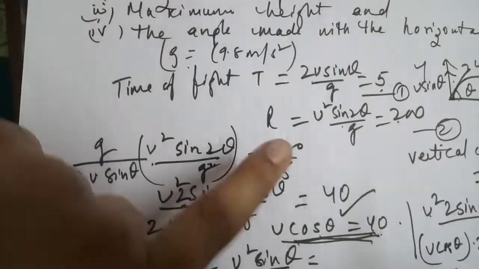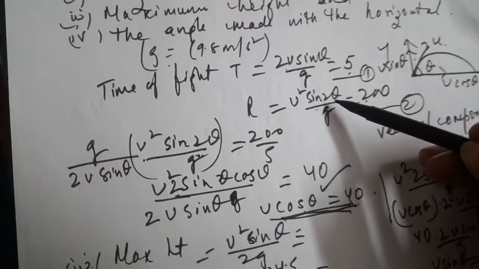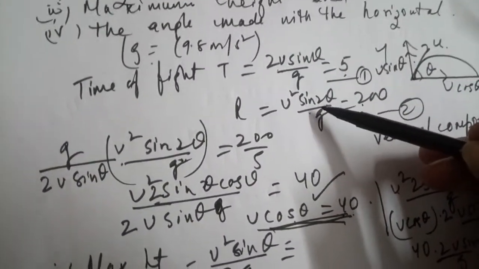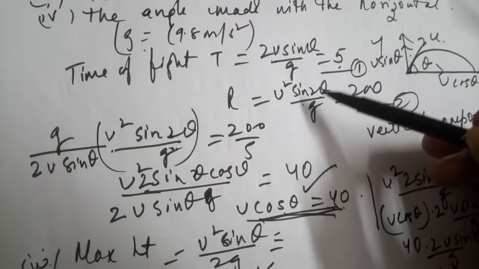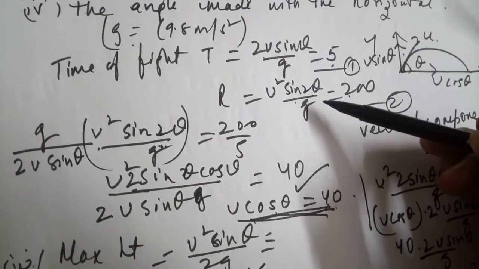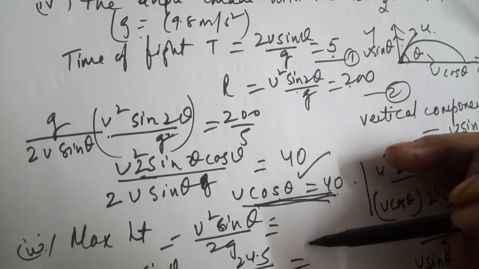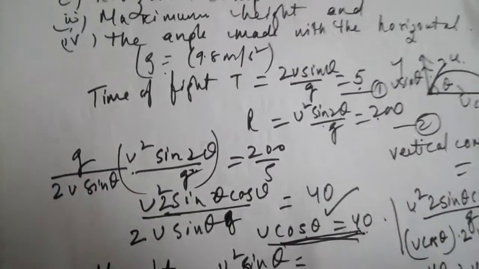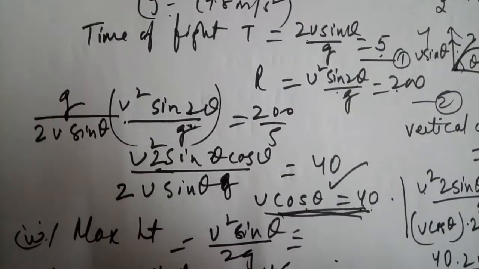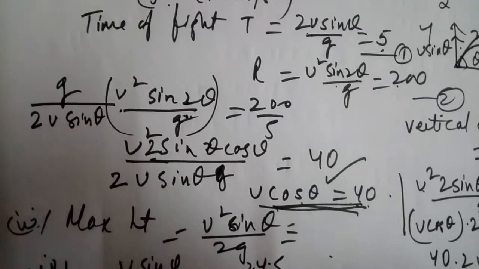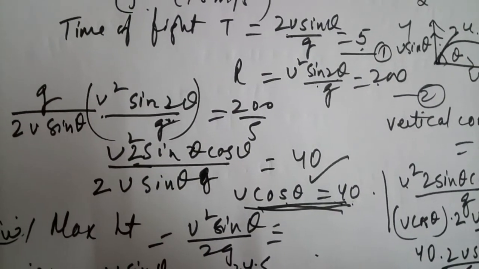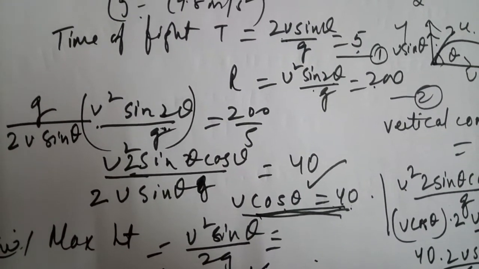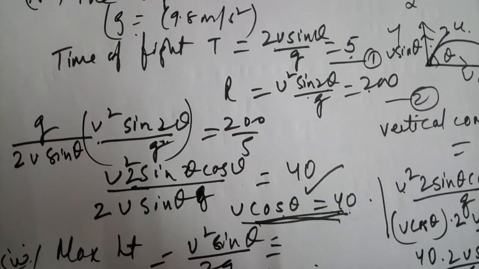We substituted it in the range formula, because sin 2 theta is 2 sin theta cos theta, to get the vertical component u sin theta, and when you divide, we get the angle theta. Then you can get the maximum height, that is u square sin square theta by 2g. So this is how you have to do your calculations. Thank you for watching.